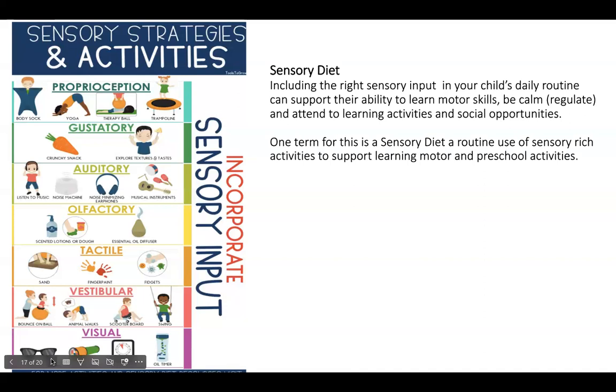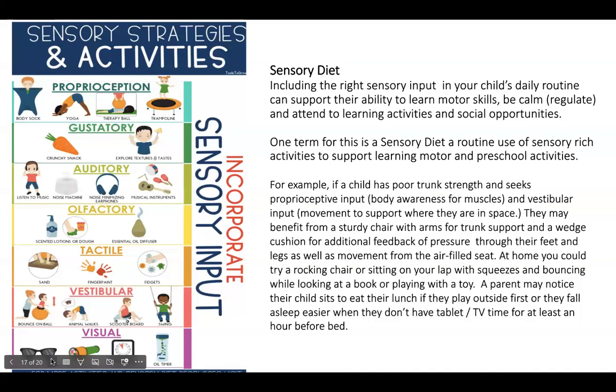You will see that we can include lots of activities throughout the day. But we do want to also be clear that there are also times where we really need to pull back some of that stimulus. Sometimes they just need a quiet area, a cozy area. And we will try to create that.